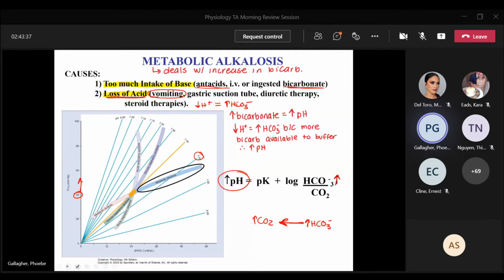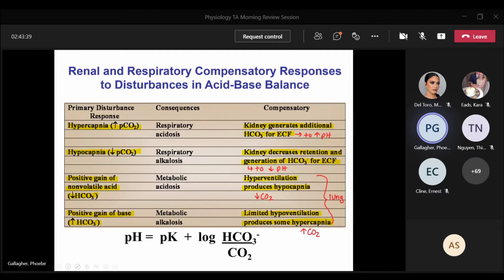Okay, moving on. This is an overview of everything. You will see with respiratory acidosis, you're typically going to see renal compensation. So if the issue is in your lung, you're going to see compensation in the kidney.